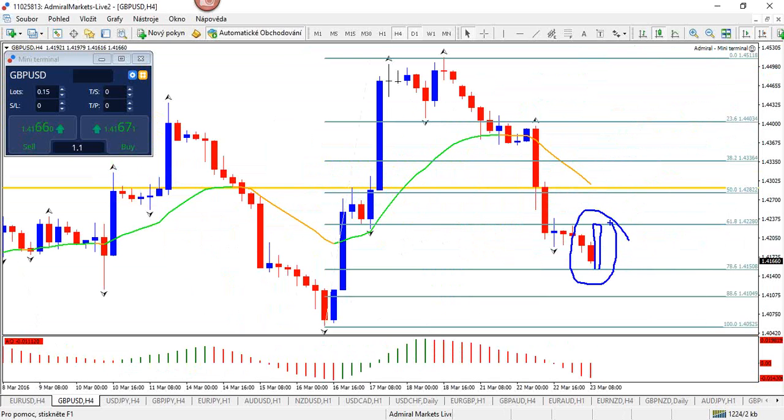Engulfing twins or even a pin bar at the 88.6 fib, for instance, could all be price action signals that indicate that price is bouncing.